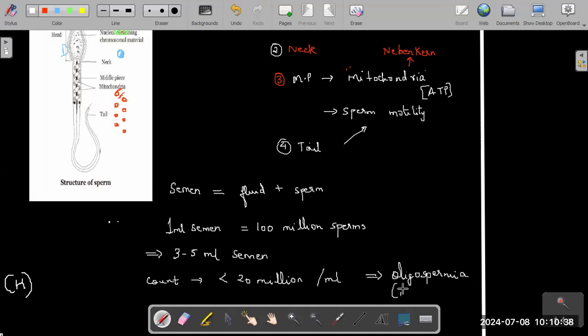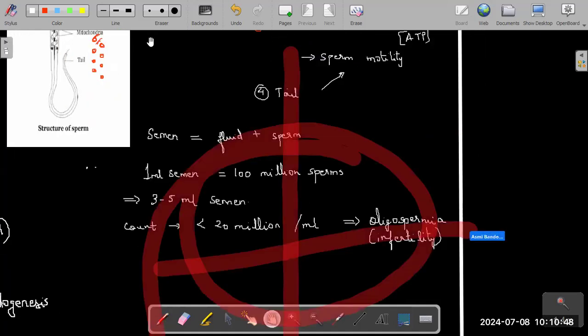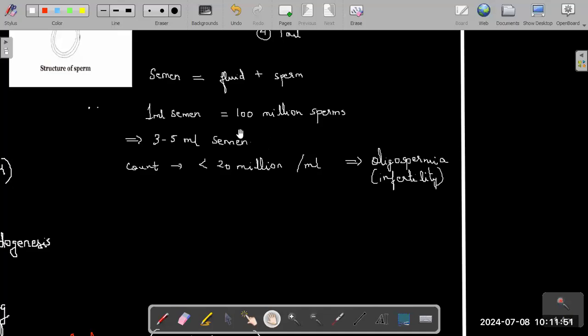This leads to infertility. Next, absence of sperm is called azoospermia. So azoospermia is basically the absence of sperm.